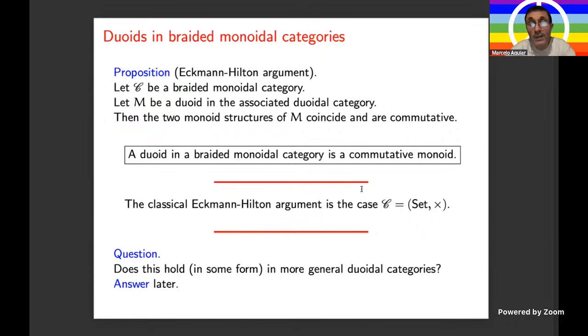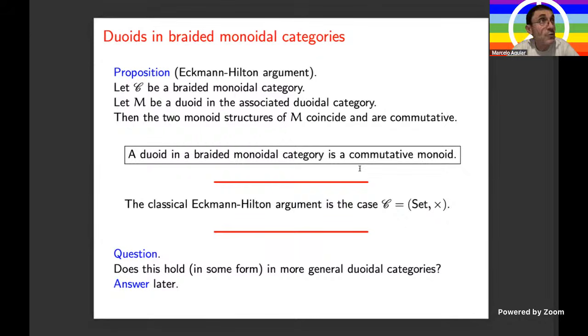If you have a braided monoidal category and you consider a duoid in the associated duoidal category, remember, in which you duplicate the monoidal structure, you put it twice, and you use the braiding to define the interchange law. You can consider duoids there. What are they? Well, the structure collapses. It happens that the two monoid structures coincide and they are commutative. So a duoid in a braided monoidal category is nothing but a commutative monoid. This is, of course, well, I forget now how John Baez calls this, but it is that simple idea that you all know well.